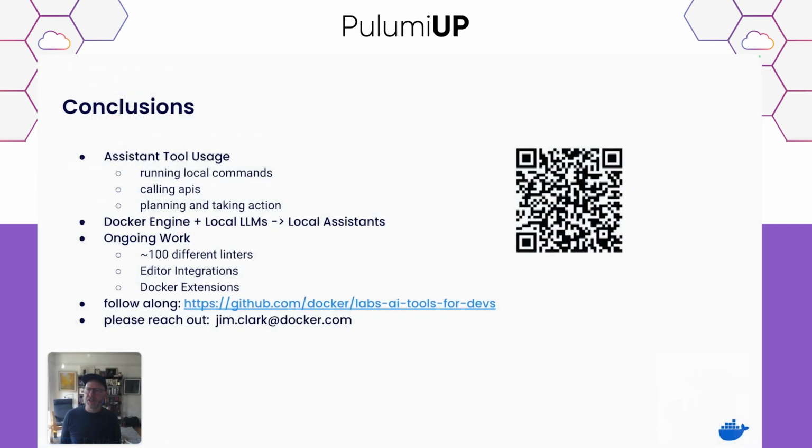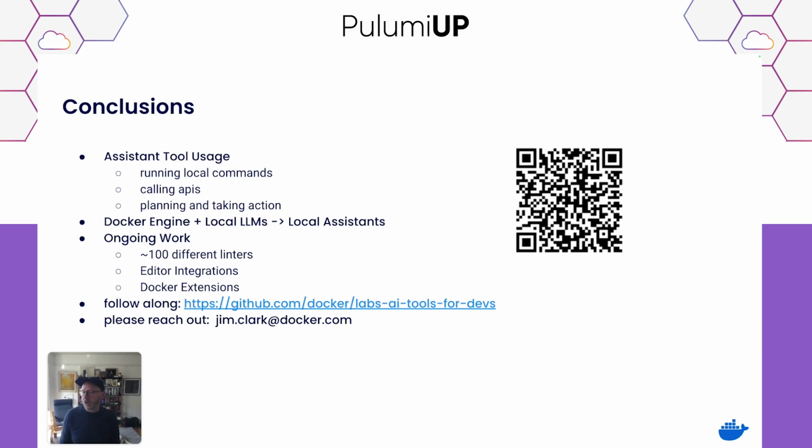I've gone through 3 examples here. In each case, an assistant was given a new capability by us adding a containerized tool to the LLM's arsenal. This is an example of us just using Docker engines to host tools. We are working now with local LLMs to try to produce a local assistant form factor.